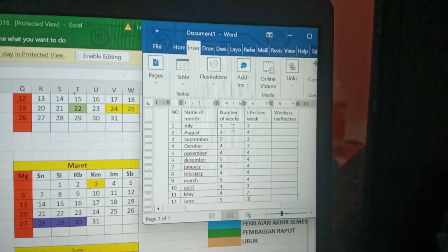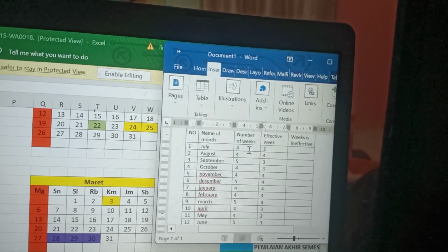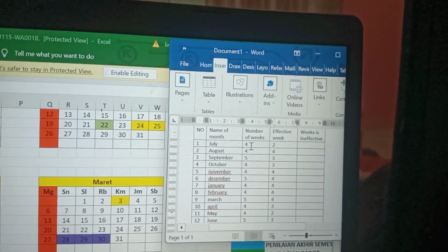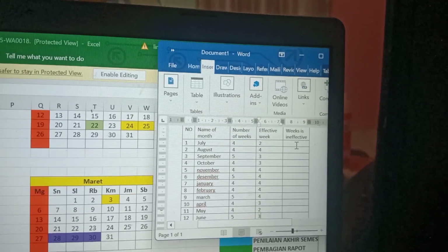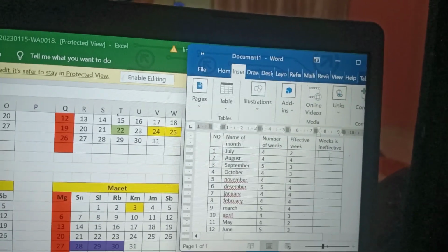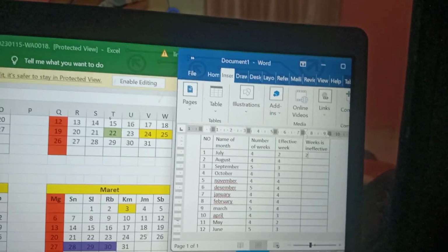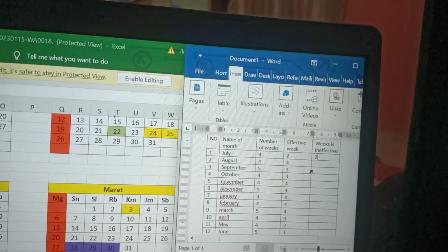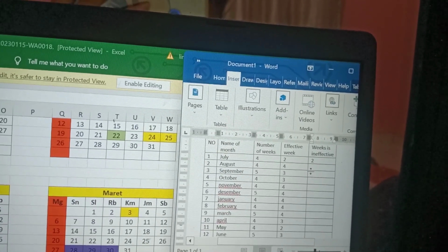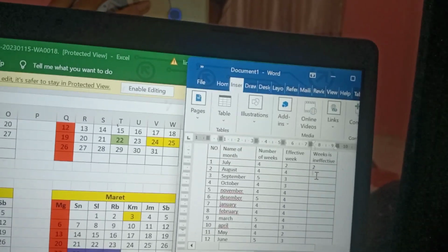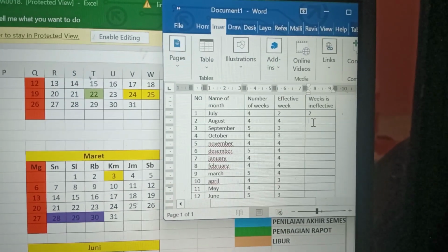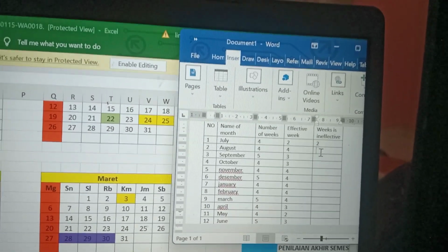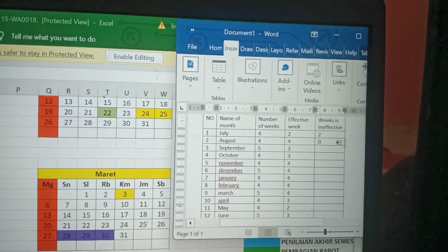So we can subtract: 4 minus 2 equals 2. So the ineffective weeks is 2. Next, 4 minus 4 is 0. So write 0.